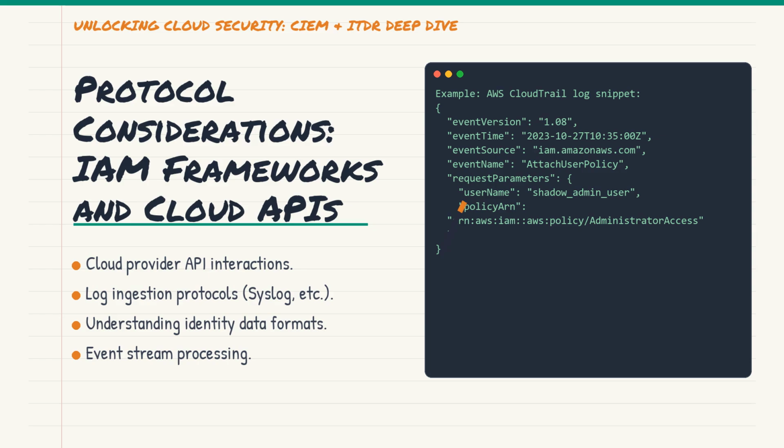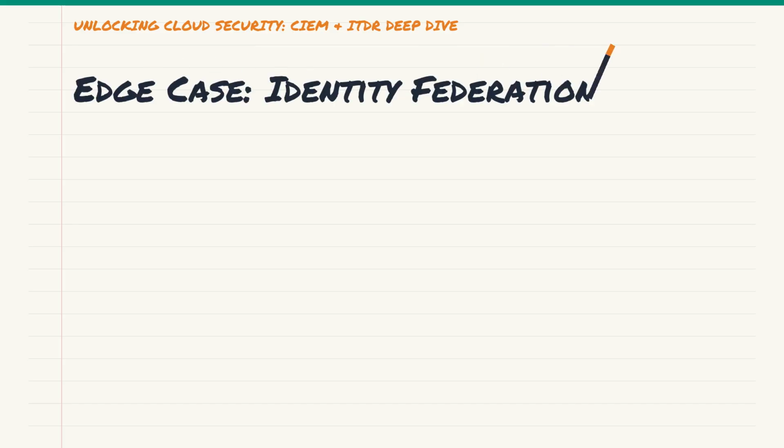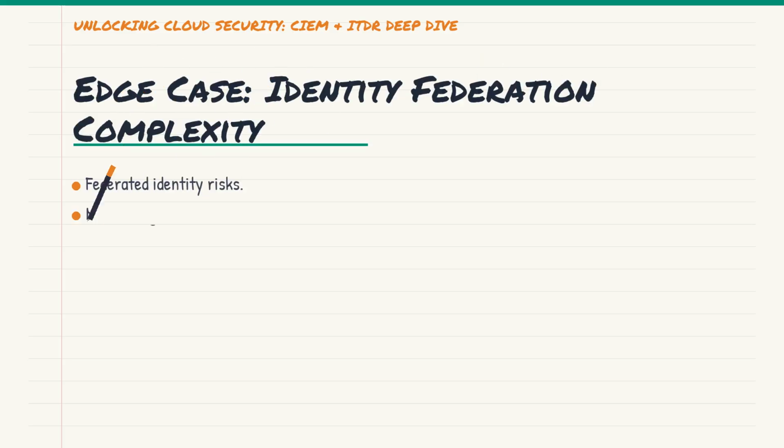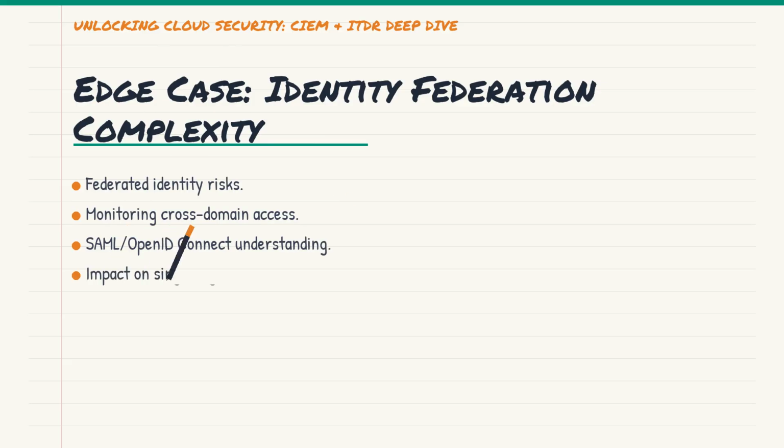For ITDR, it's about ingesting logs using protocols like syslog or cloud-native logging services, for example, Azure Monitor and AWS CloudWatch logs. Understanding these underlying communication methods is crucial for effective implementation and troubleshooting. Many organizations use identity federation, like SAML or OpenID Connect, to allow users to log in once and access multiple cloud applications.